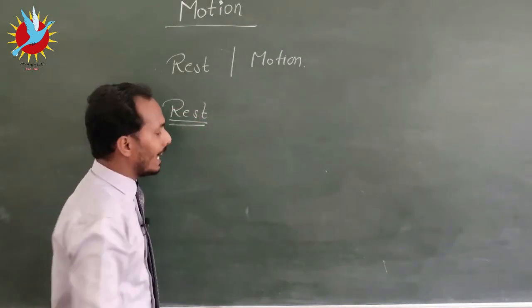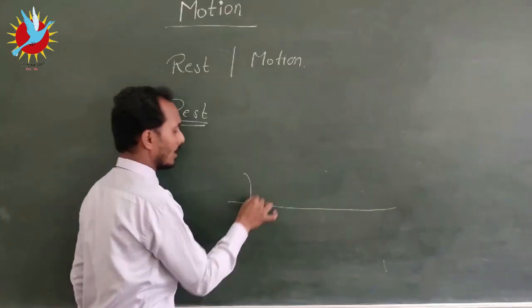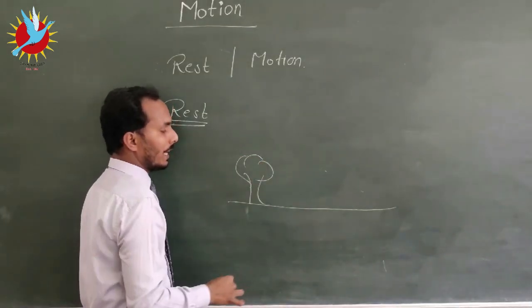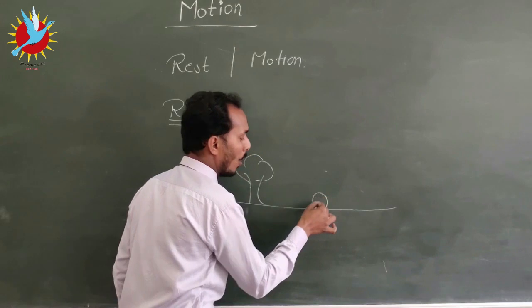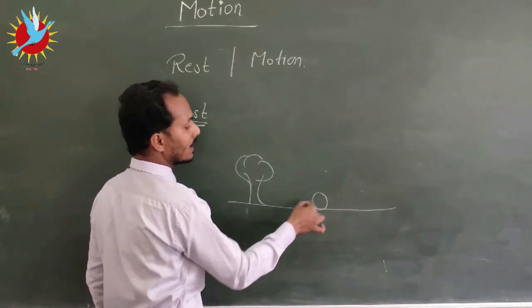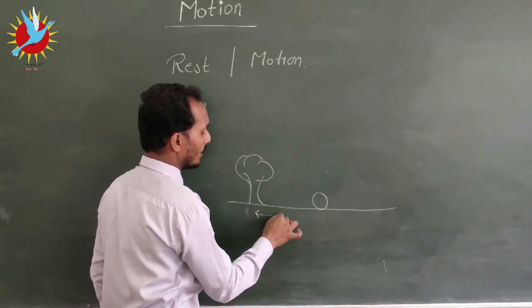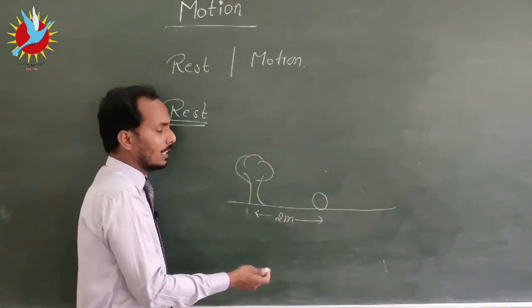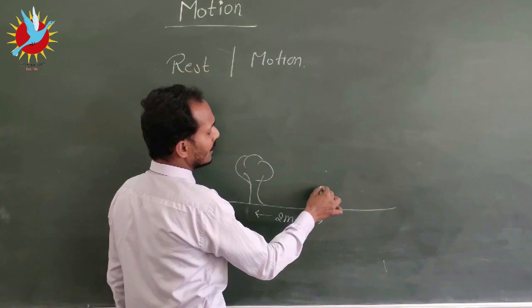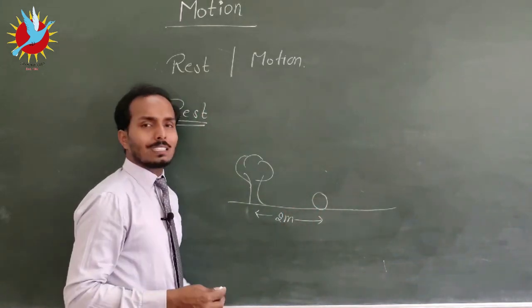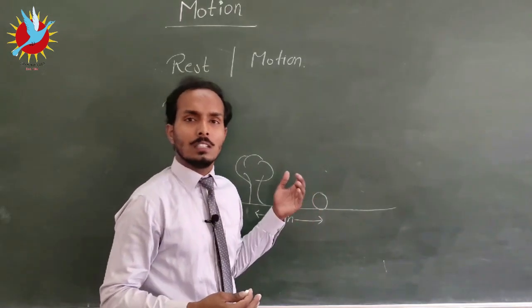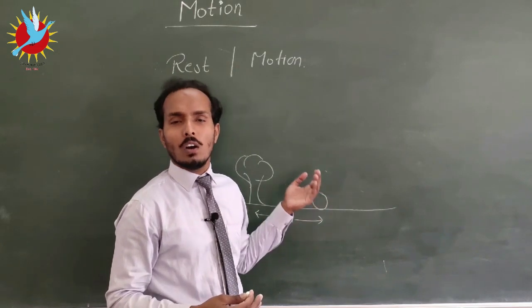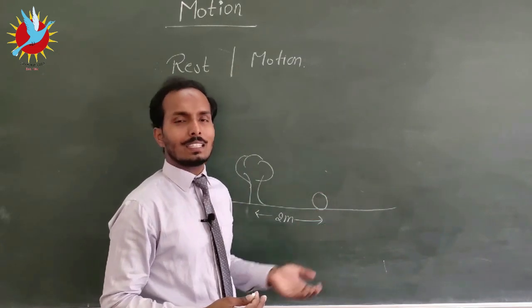Consider that there is a tree and a stone or a ball here at a distance of 2 meter, 3 meter, 5 meter and so on. We found that the time changes but the position of the stone remains the same.